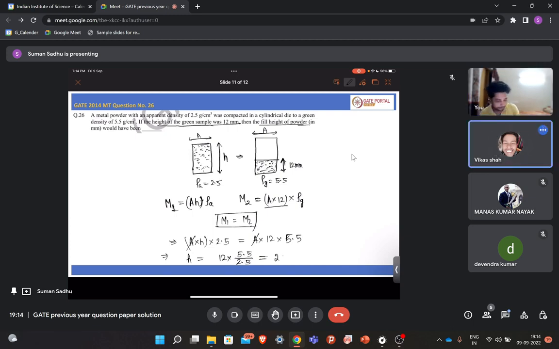Yes, it is coming 26.4. So what will be the answer then? The fill height of the powder will be 26.4 millimeter.